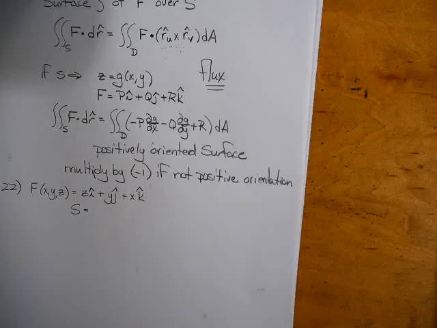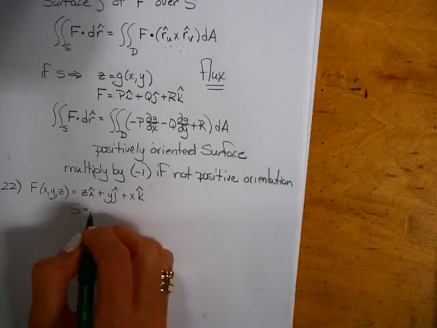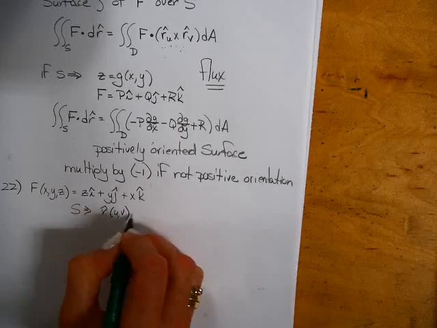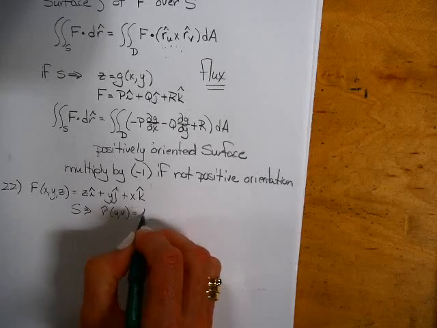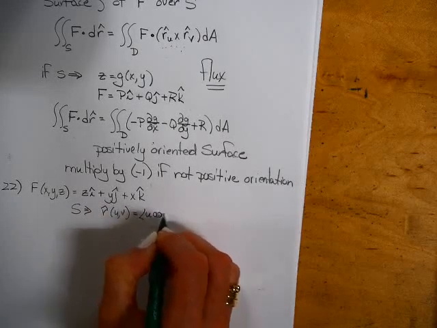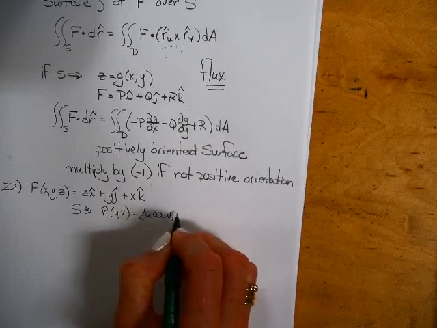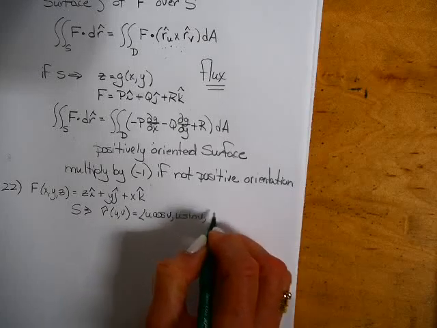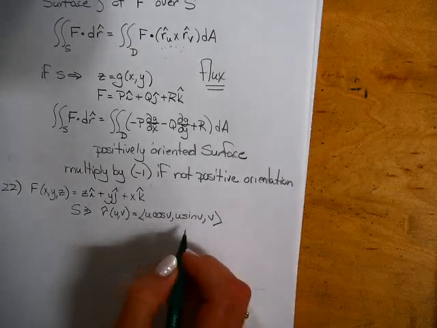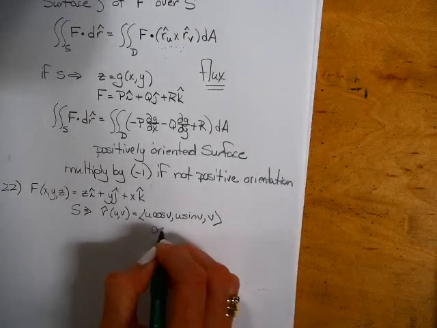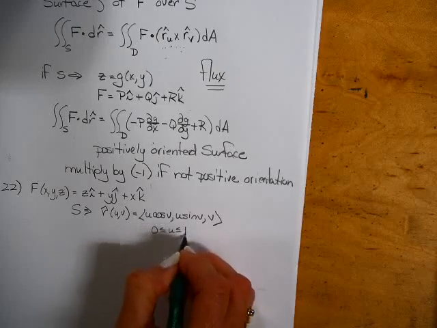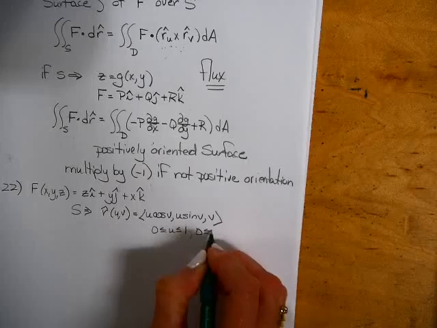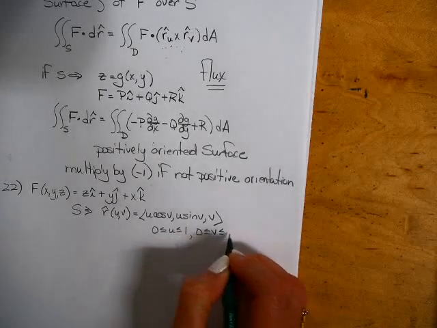All right, this is the vector equation r of u, v equals u cosine v, u sine v, and v. u goes from 0 to 1, and v is going from 0 to pi.